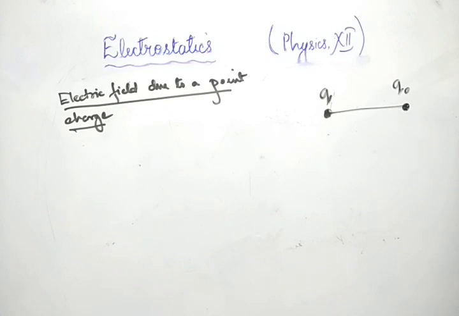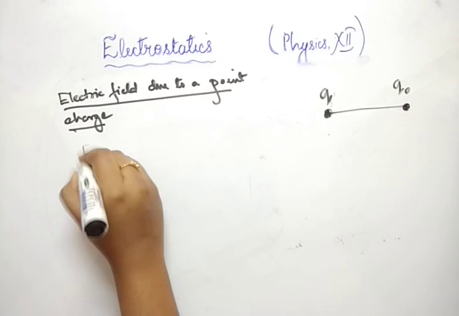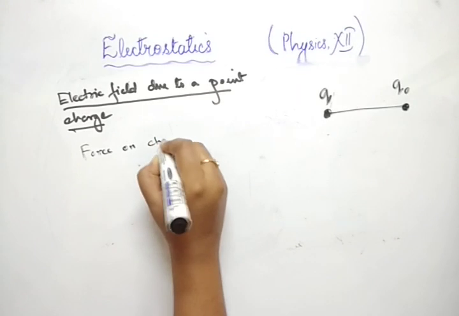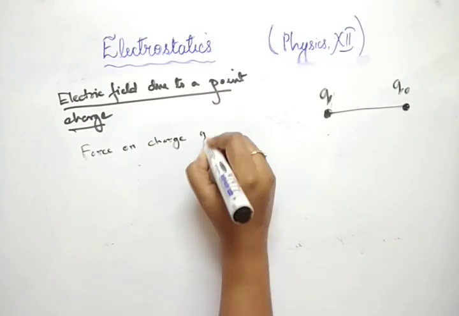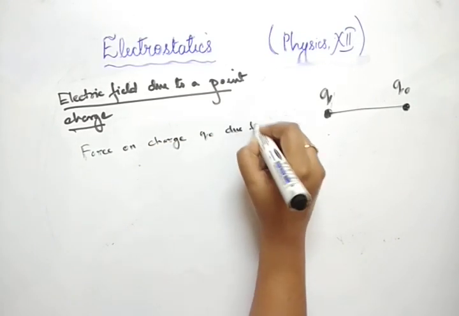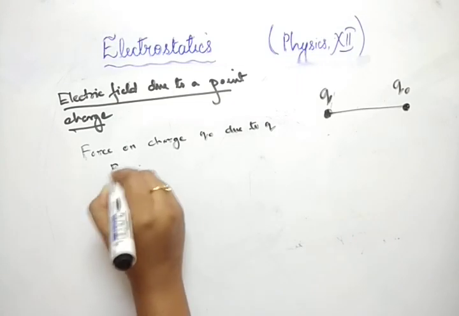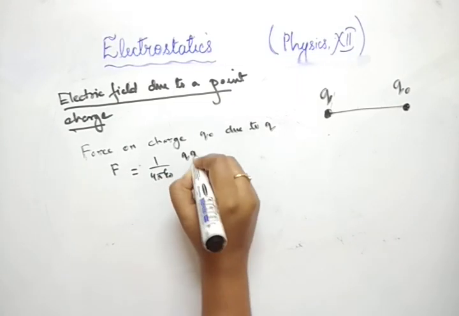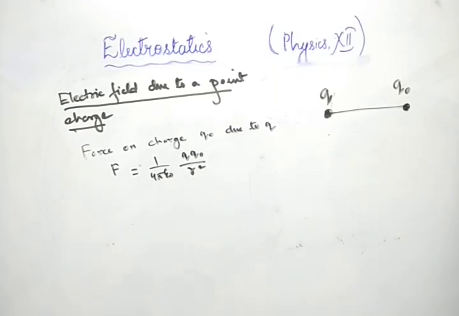Now let us see how you can prove the formula for a point charge. According to Coulomb's law, the force on charge Q naught due to Q will be F equals 1 by 4 pi epsilon naught Q Q naught by R square.